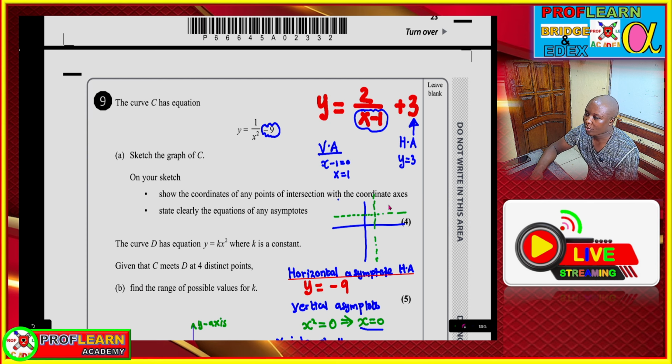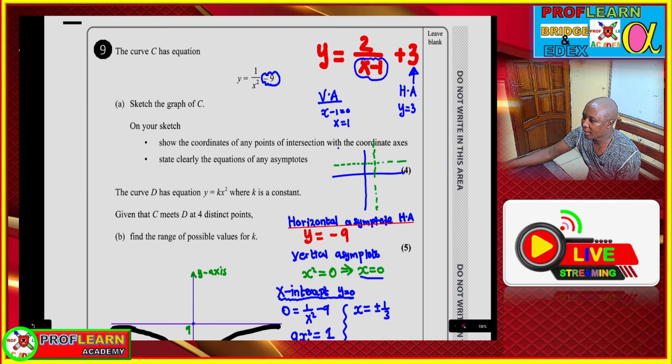Next, what you need to know are the intercepts. At the y-intercept, when x is 0, this is going to be -2 plus 3, which is 1.